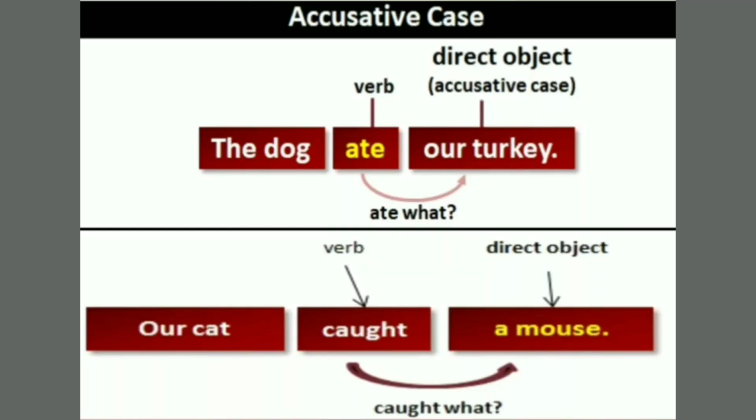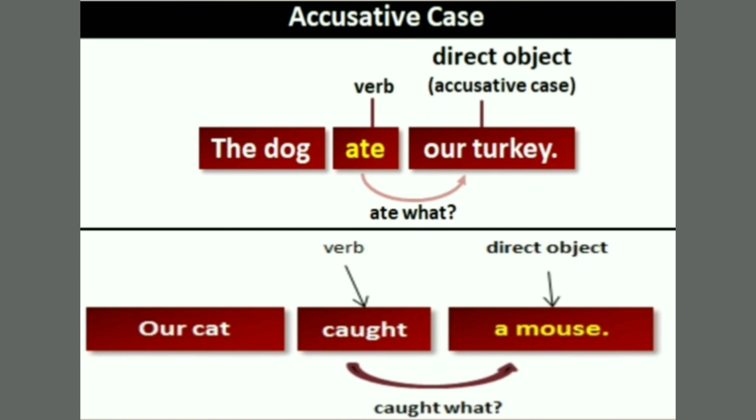Take a look at these sentences. The dog ate our turkey. Ate is the verb, and when we ask ate what, we get the answer, our turkey. Similarly, our cat caught a mouse.